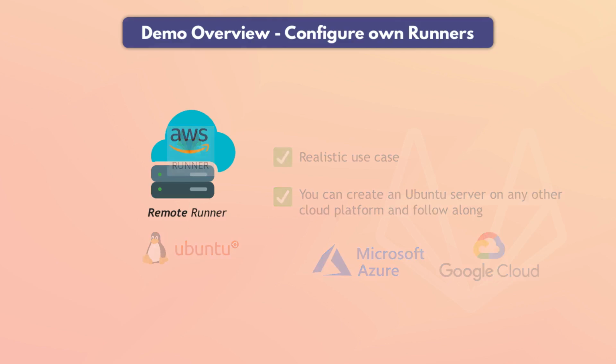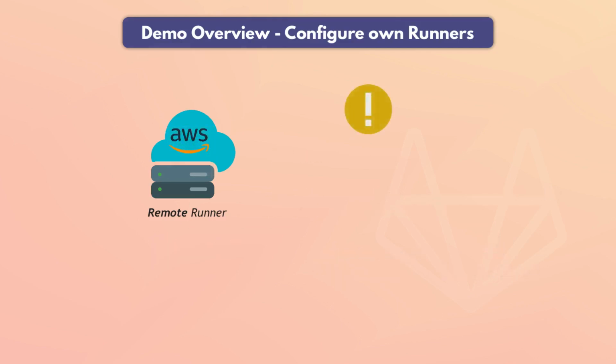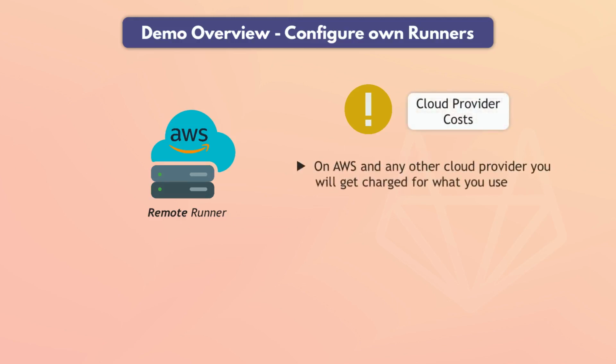So again, if you have your own Ubuntu server, you can use that instead of the EC2. Now, very important to note here is that when we use AWS services, like an EC2 instance, you will have to pay for that service. You will be charged for what you use. This is a compute service, so on any cloud platform, you have to pay for these compute services or virtual machines that you use for your projects.